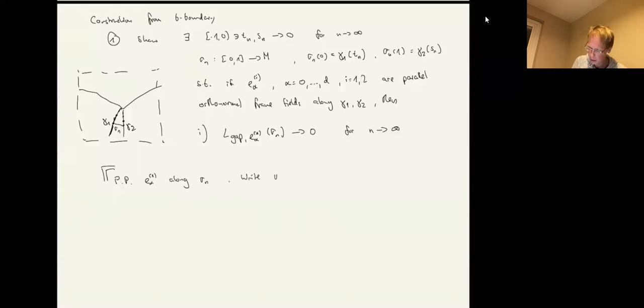Then you expand the velocity vector of the curve sigma_n with respect to this parallelly propagated frame, and the generalized affine parameter length with respect to this parallel frame along sigma_n is just given by the Euclidean length of the velocity with respect to the parallel frame.